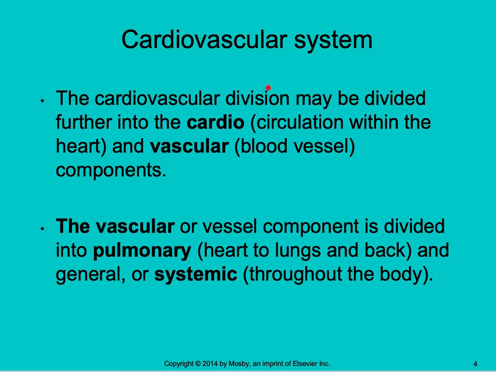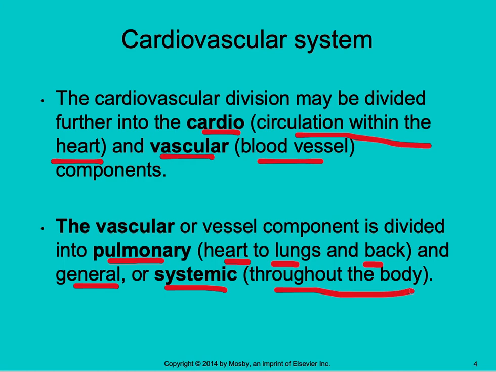So the cardiovascular system may be divided further into cardio, which is circulation within the heart, and vascular, which is your blood vessels. The vascular component is divided into pulmonary, so the heart to the lungs and back, and general, or systemic, which is throughout the body.